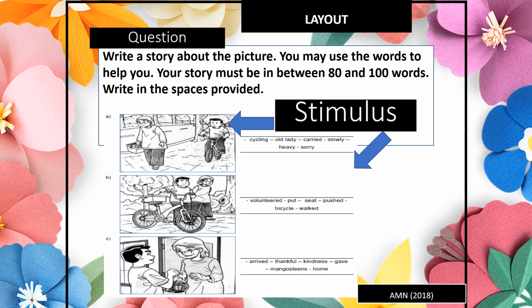Your story must be in between 80 and 100 words. Write in the spaces provided. So these are the stimulus given. Usually we will be given 3 pictures and then there are words given to help us build our story later.